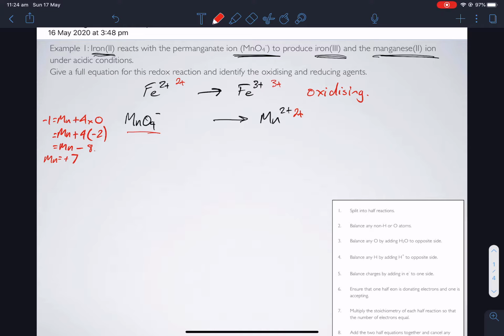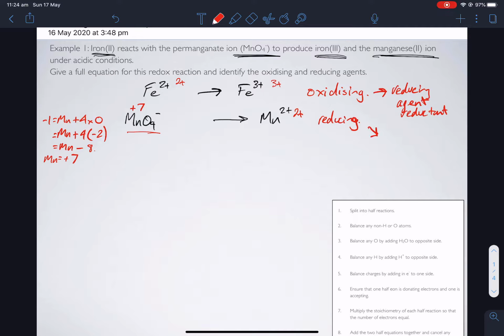So the oxidation number on the manganese this side is 7, and it goes down to 2, so that is reducing. So that is gaining electrons. Okay, so if Fe2 plus is being oxidized, it is the reducing agent. It is causing the reduction of the permanganate ion. So it's the reducing agent or reductant.